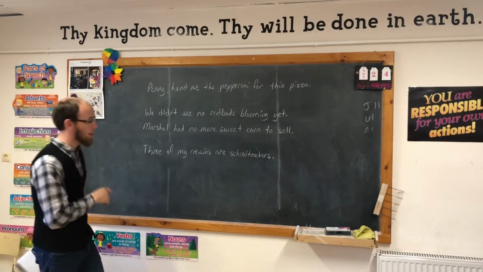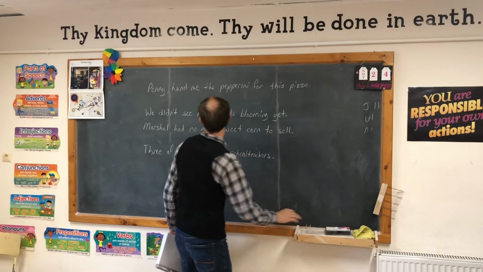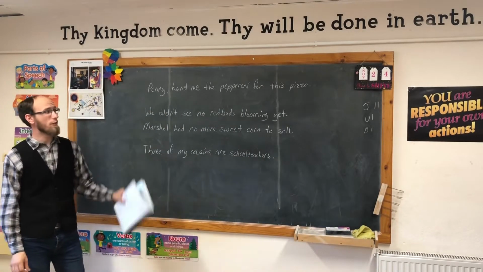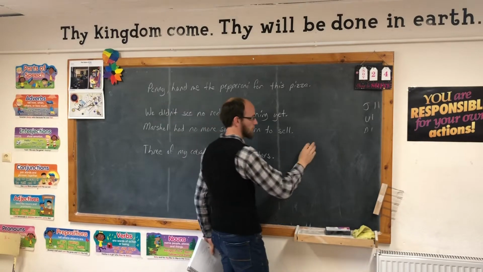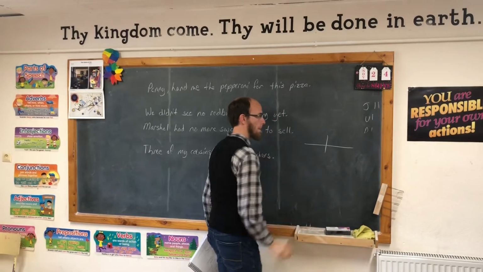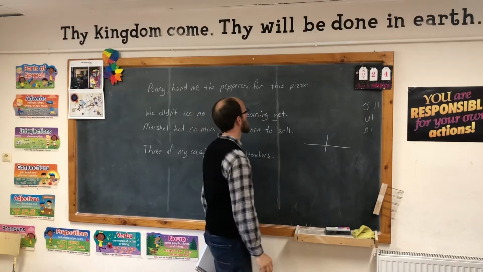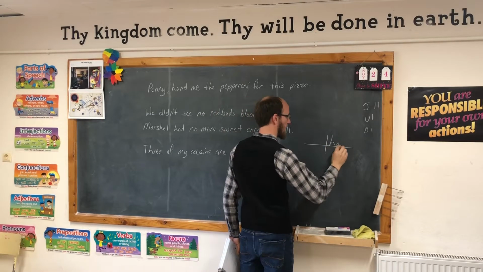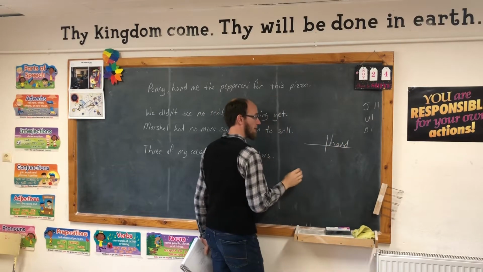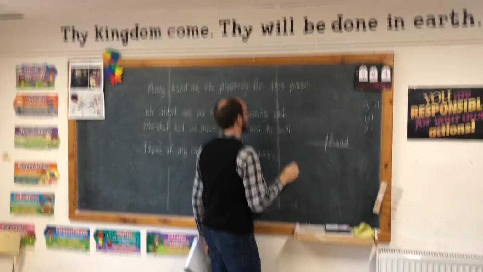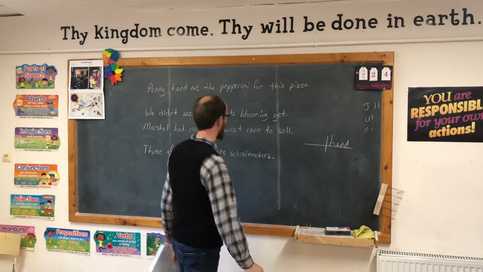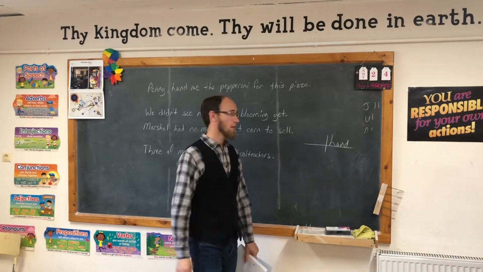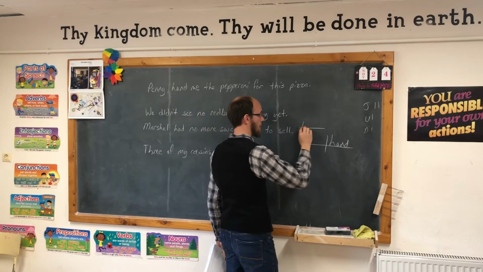All right, let's diagram this first sentence up here. Penny, hand me the pepperoni for this pizza. Let's see if we can diagram it here. What is the verb? Hand. Who or what is to hand? Penny is, but look, Penny looks to me like a noun of direct address. So that means we're going to put it up above here. Penny.